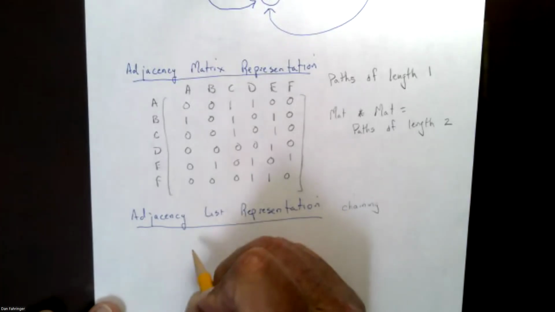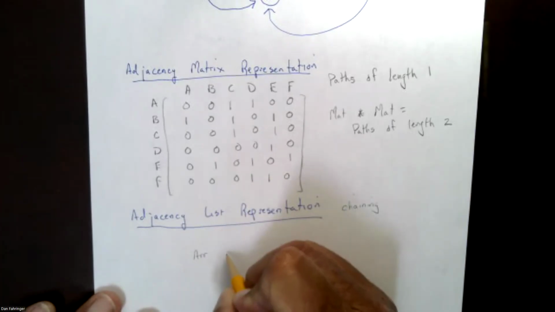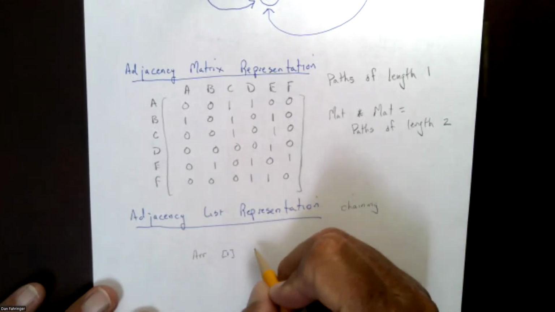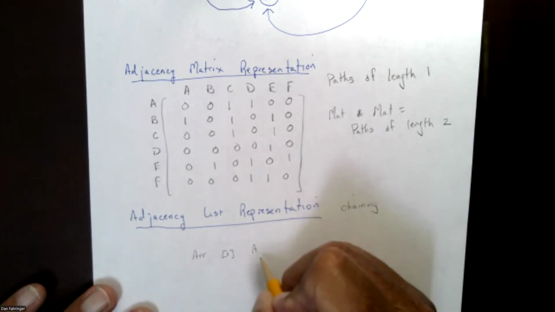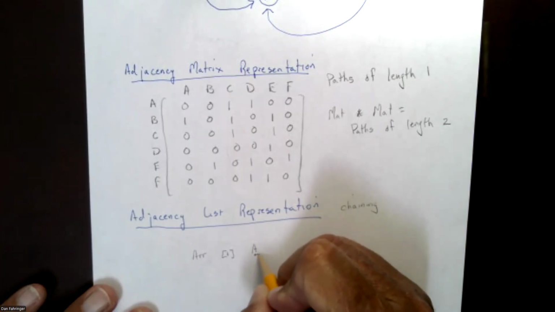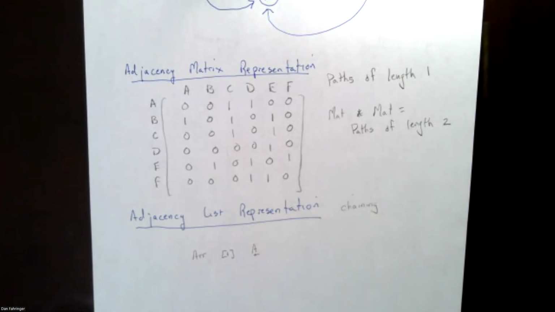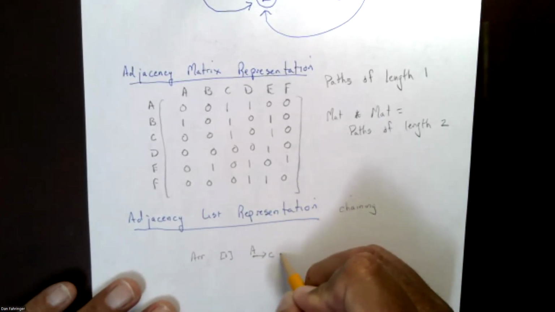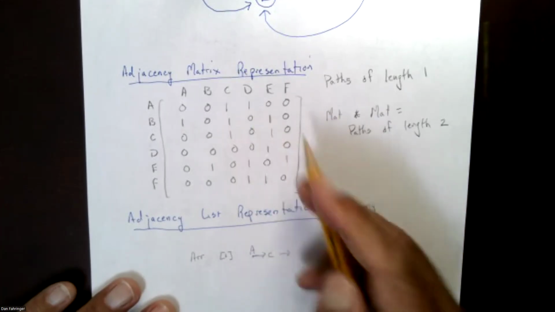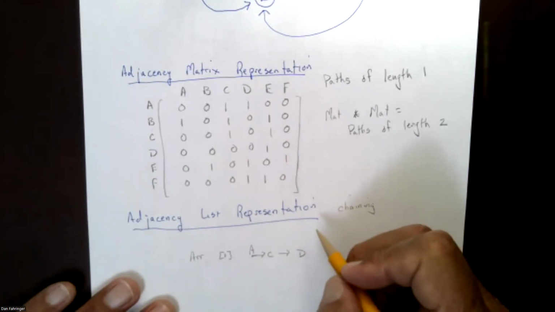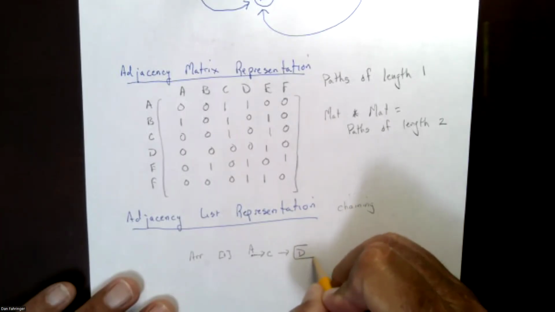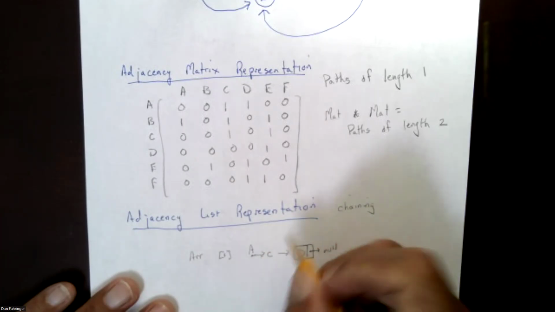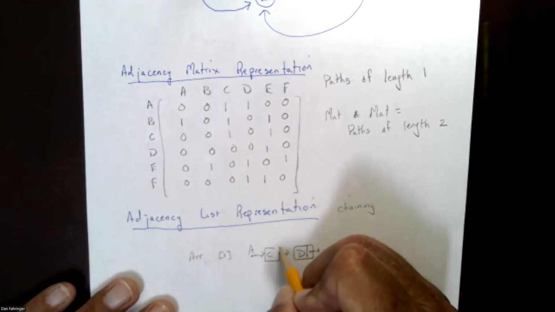How would I do it? Well, I could have an array, and at location 1, I might have A, and a pointer to what A connects to. Well, A connects to C, and A connects to D. So I might have something that looks like that, and then this would go to null, and we did some chaining things.